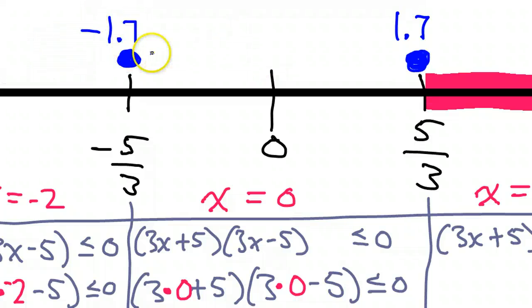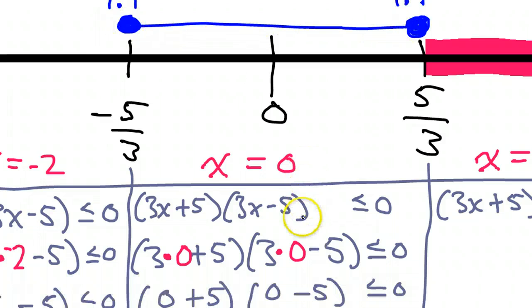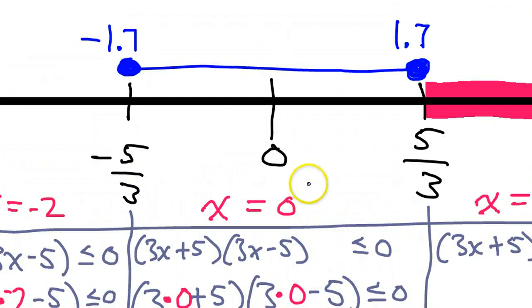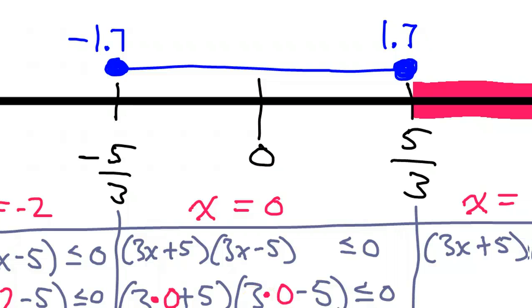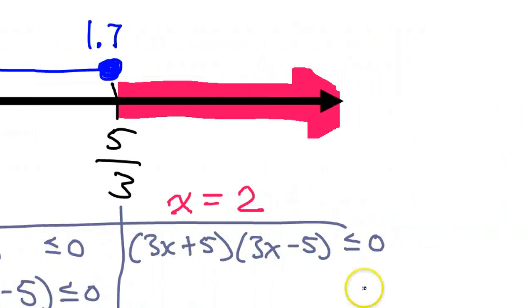We will show that by drawing this segment in between them. That segment represents all the solutions. Look familiar? Isn't this just like what we came up with from the graphical method at the beginning?